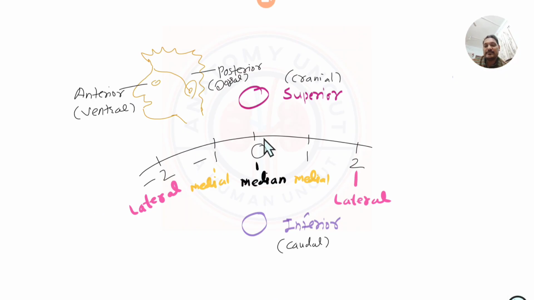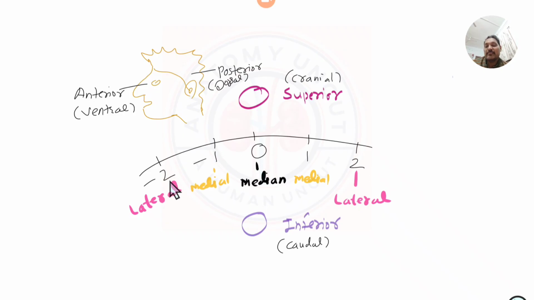Now see, you take 0 as the median, that is the middle point. If you go in either direction of the 0, there are anatomical terms that can be easily explained. If you compare 1 to 0 on the right as well as the left side, and in comparison to these two numbers, the 1 is medial.